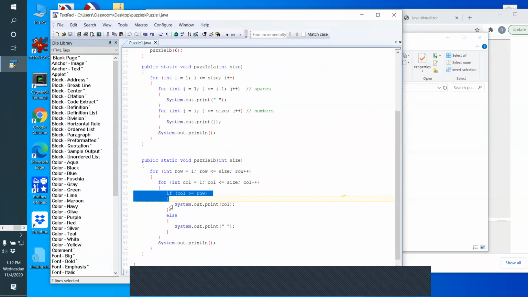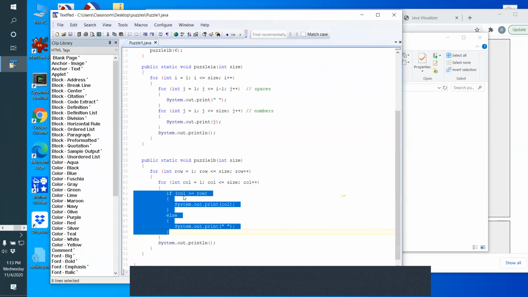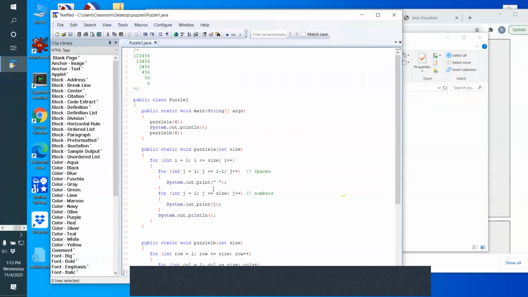You could use an if statement inside the two for loops and just ask a question about what row and column am I in. Like take that space right there. What row is it in? Row 1, 2, 3, 4. It's in row 4.